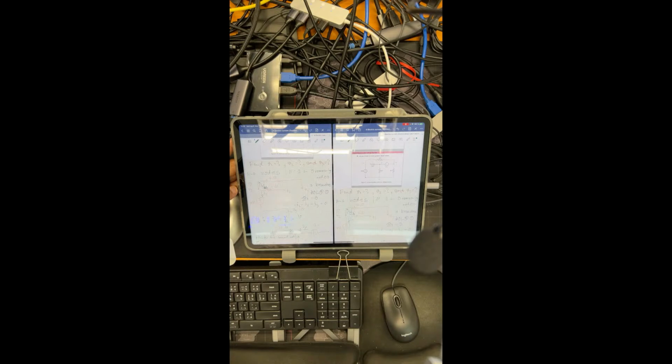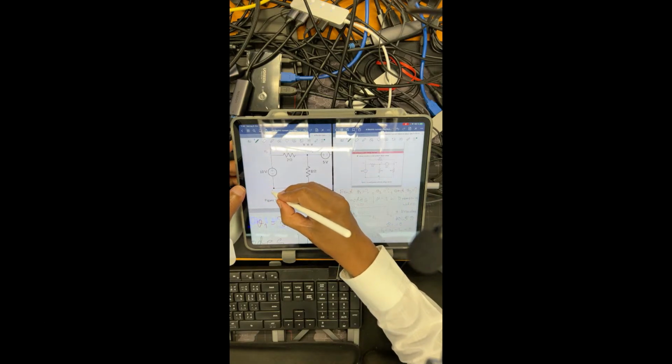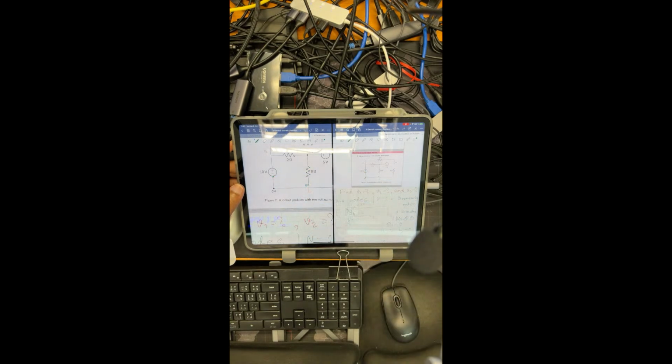We want to find I in terms of V from node number 1, but can you see what the value of V1 is in this scenario? This is 0 volt, this is also 0 volt, right here 0 volt. We should have also 0 volt right here. And what is the potential at this point?